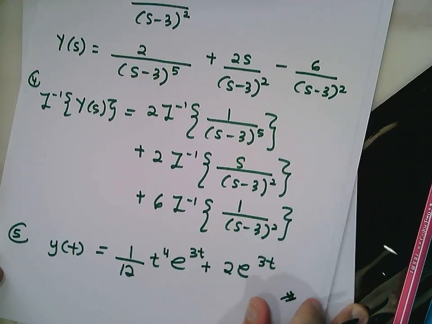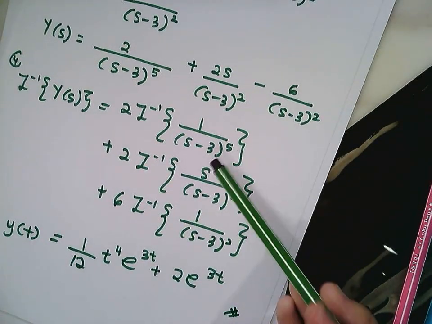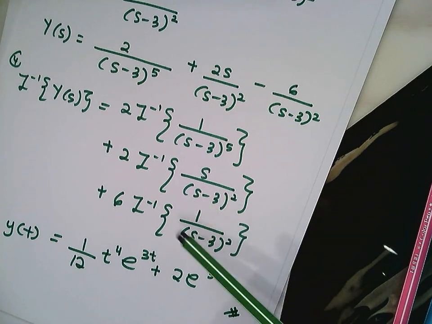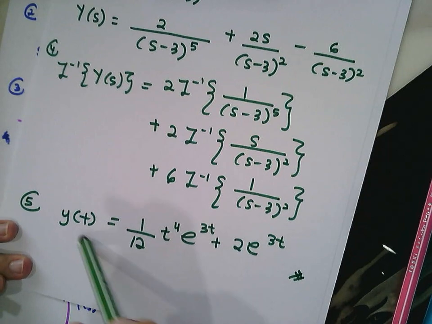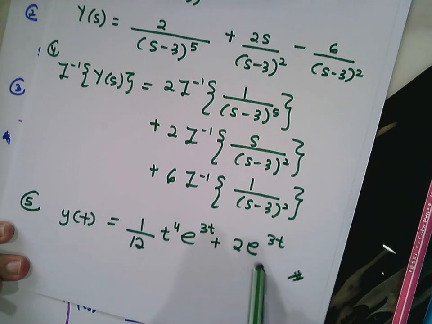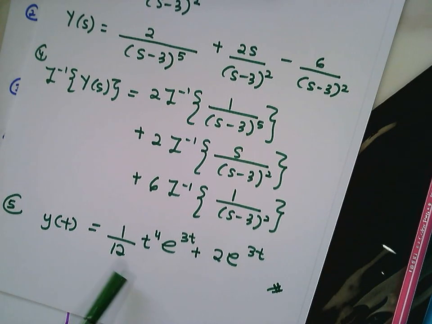So please try to do it on your own. Apply first shift properties of inverse Laplace transform and get this answer. If you can solve this one, for sure you already understand that property. Please try to do it on your own until you get this answer.